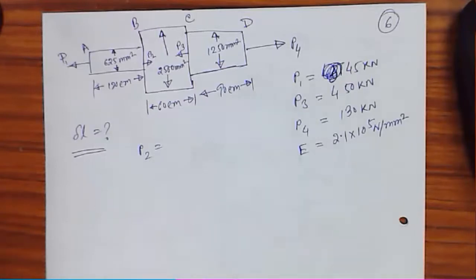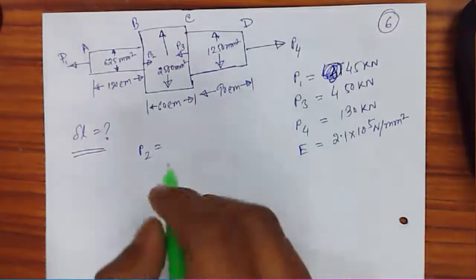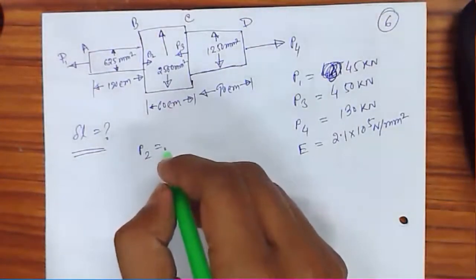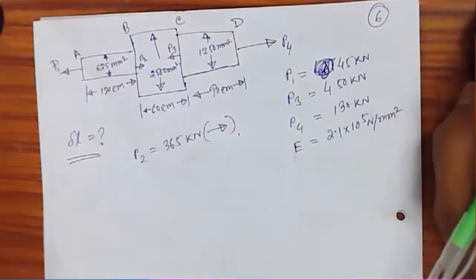It's very difficult for me to calculate on mobile. Yeah, 365. Direction? Rightward. Everybody got the same answer? Everybody understood? If you have any issues, please ask me.